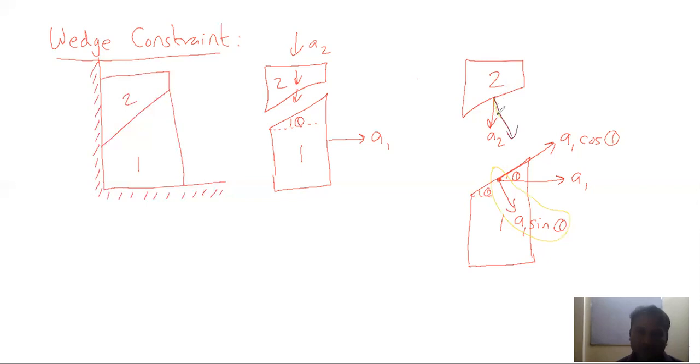So this angle is theta. Now the component of A2 in the perpendicular direction is A2 cos theta, and along the incline it will be A2 sin theta. But what are we equating? The perpendicular components. We can say by wedge constraint or normal constraint.